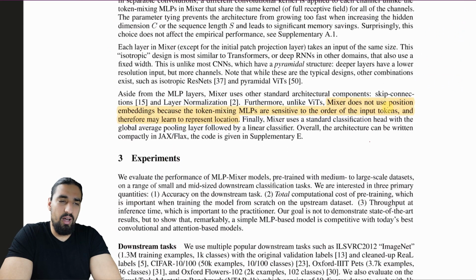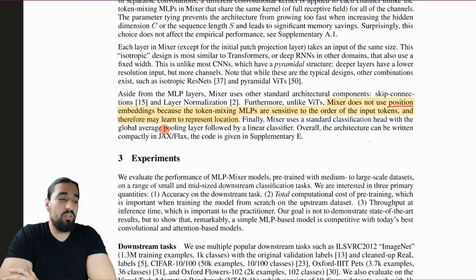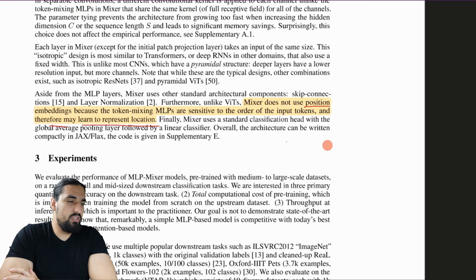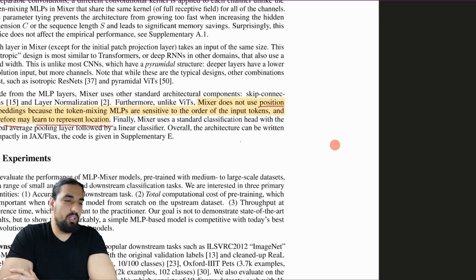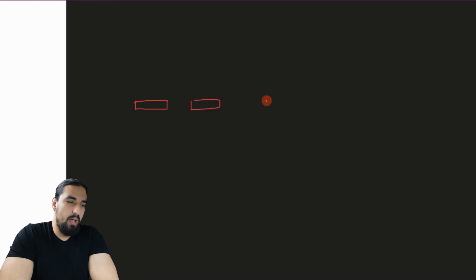An important detail is that Mixer does not use position embeddings, because the token mixing MLPs are sensitive to the order of the input tokens and therefore may learn to represent location. So let's make a direct comparison with the transformer. Transformers have, as you may recall, the patches embedded into the latent space.